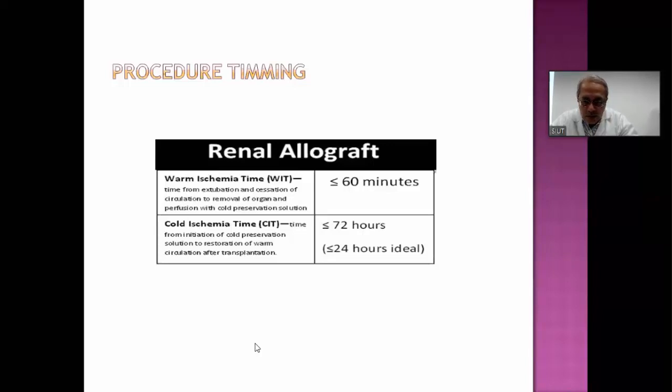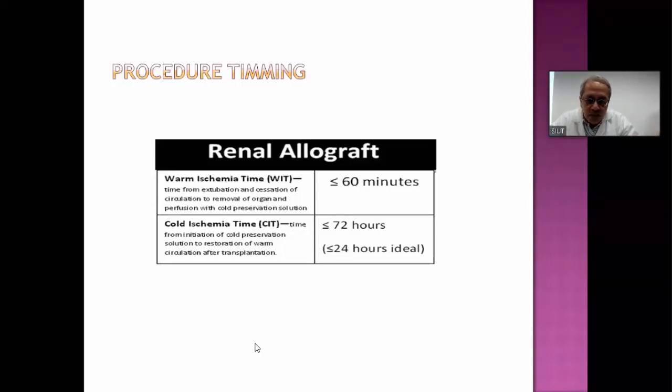So the warm ischemia time is as short as about 2 minutes, and the cold ischemia time is somewhere between 25 to 30 minutes. If you take both into consideration, we call it total ischemic time, which is not more than maybe 30 minutes.